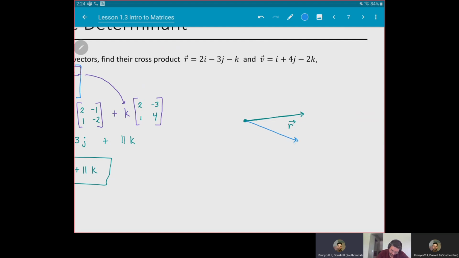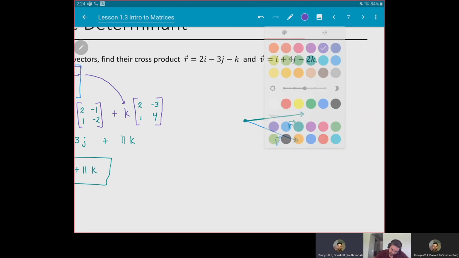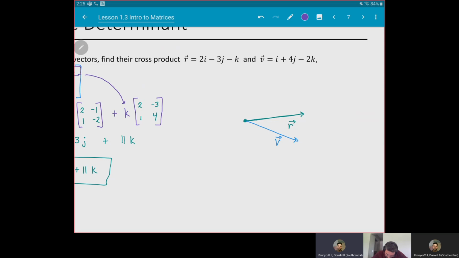Let's say it goes here. What the cross product guarantees is that the answer is perpendicular to the original two vectors. No matter how they are positioned relative to each other, the cross product is perpendicular. It's 90 degrees to both of them.